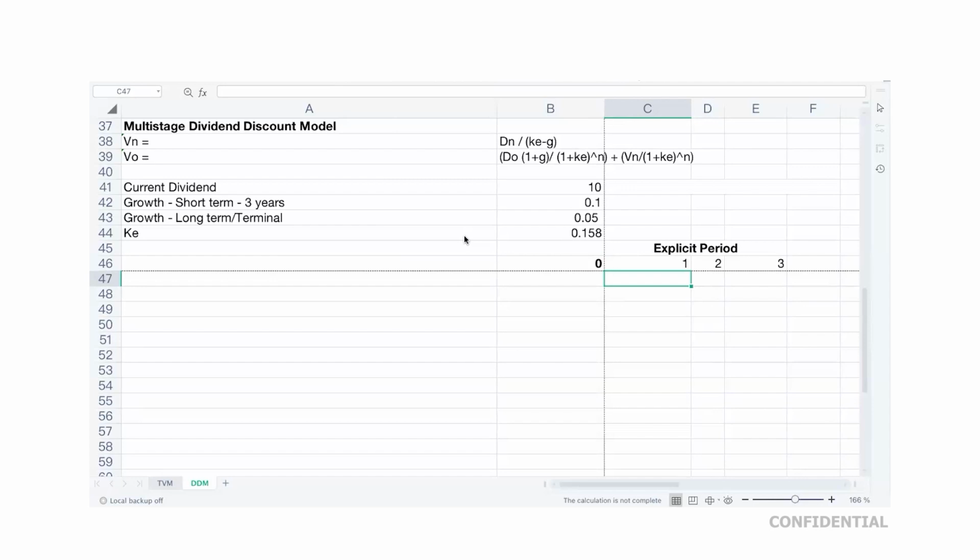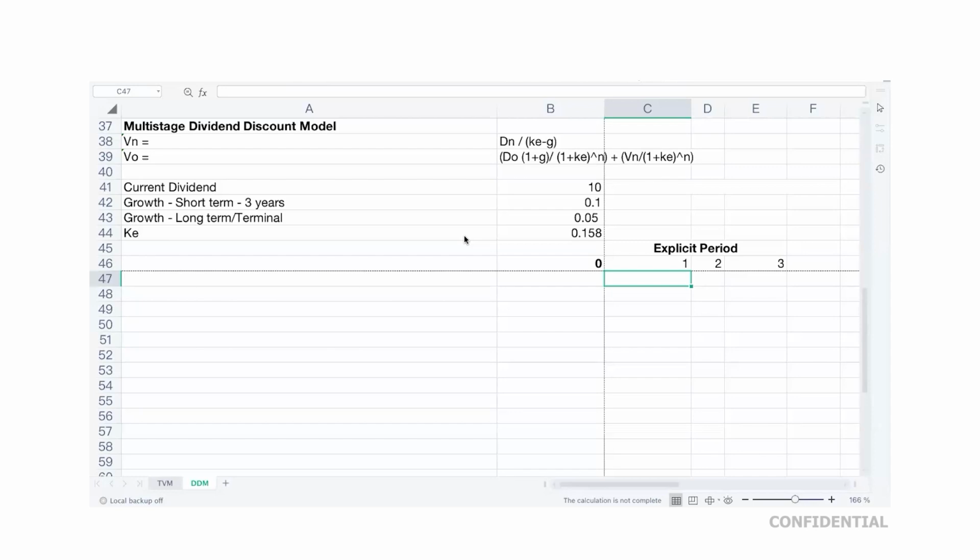Similarly here, a financial modeler is able to forecast that the company in the next 3 years is going to grow by 10%. But since he is not able to forecast thereafter, he makes a single assumption that the company will grow by 5% till the terminal period.